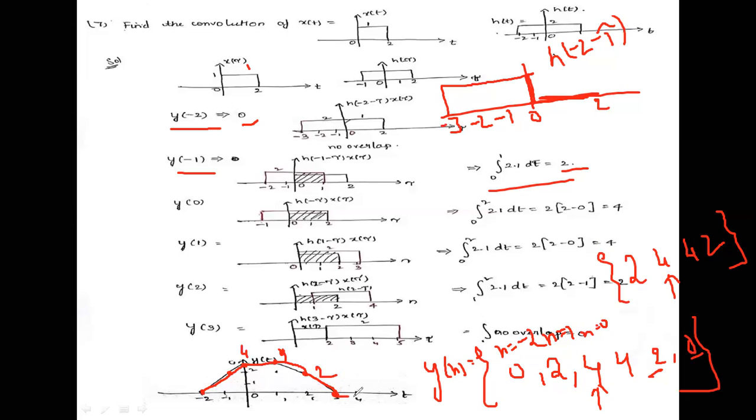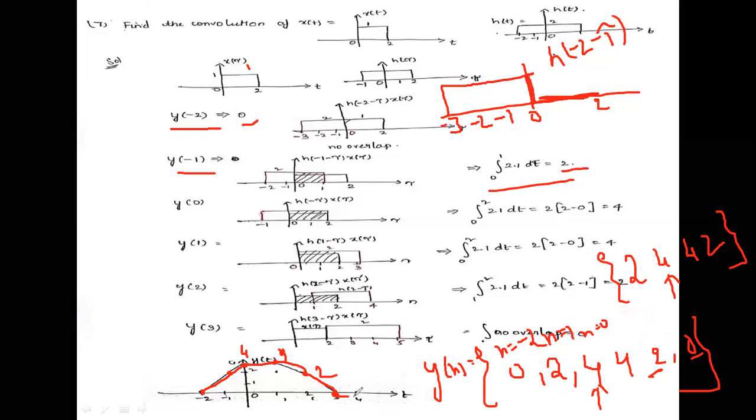Like that we can, for any given samples, either continuous or discrete, draw the diagrams. Change t to tau, keep the first signal x of tau the same, take the second signal h of t as h of tau, and then fold it to h of minus tau. Move it towards the right side, 0, 1, 2, 3, and so on.